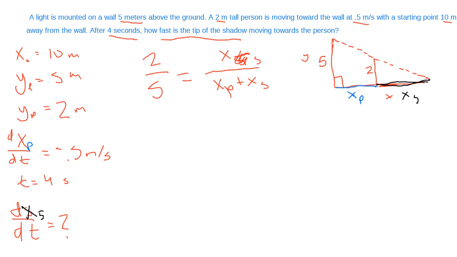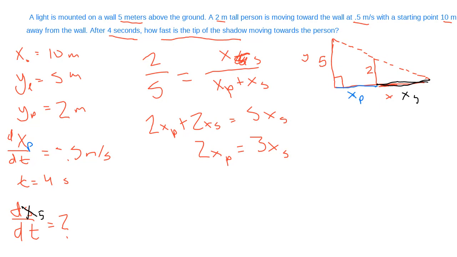Now we can cross multiply to get 2xp plus 2xs equals 5xs. You can move a little further and move over that xs to get 2xp equals 3xs. Now we're in a format where even if we have a lot of extra information, we can still move forward.